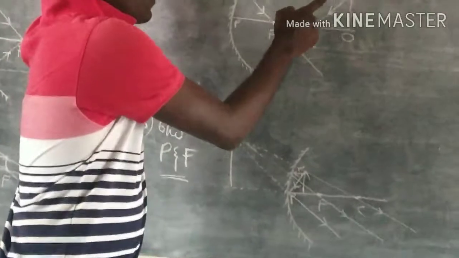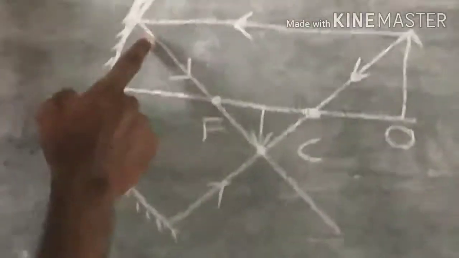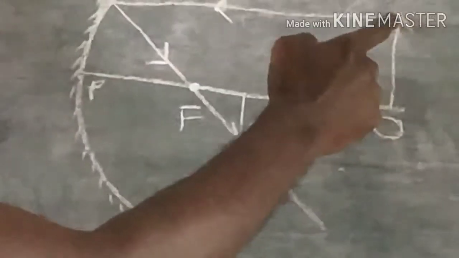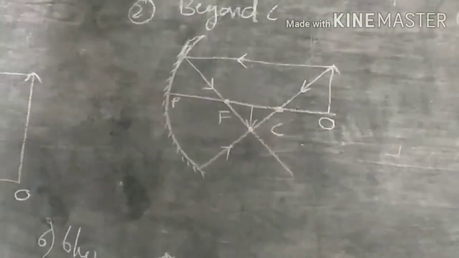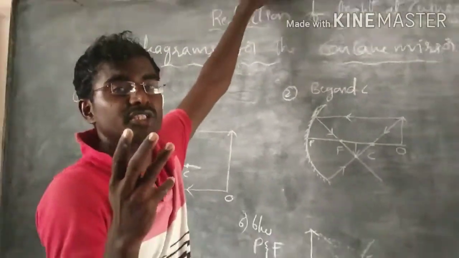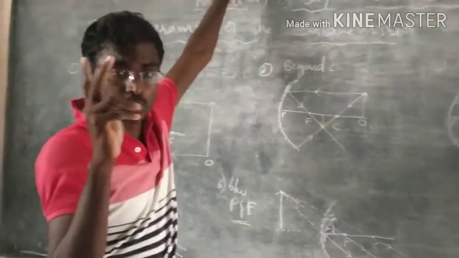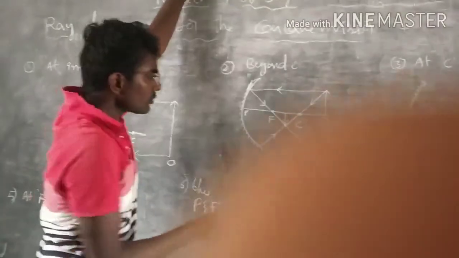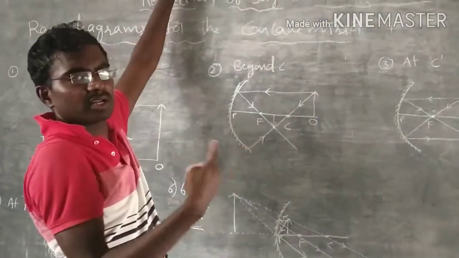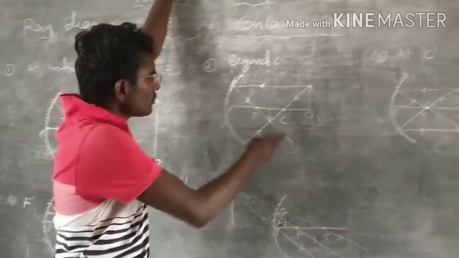Now this is the incident ray parallel to the principal axis, passing through the focus after reflection. The other thing is we need at least 2 rays to form an image, so that's why we are taking 2 rays for convenience.